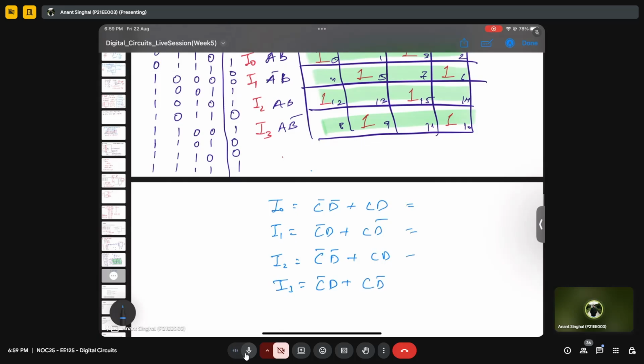So which is nothing but, can anyone tell what is this? This is C XNOR D, right? I hope you already know that. This is XOR, this is XOR, and this is XNOR. Oh, sorry.